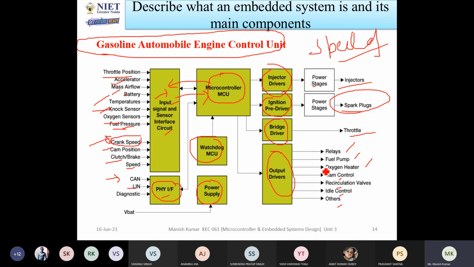There are so many output devices. जितनी भी output device की requirement है, you can interface. There is no problem with that. Okay, so in this way you can build this type of system with the microcontroller, which comes under the embedded system.